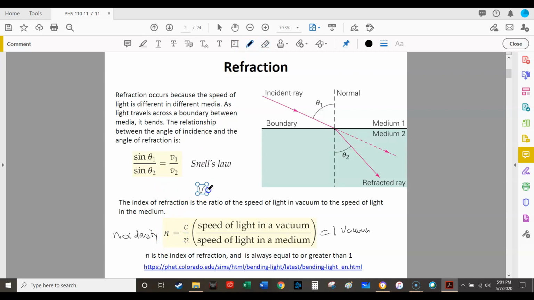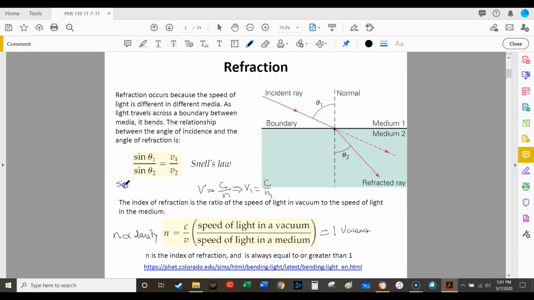The velocity is equal to c over n, so v1 is equal to c over n1.